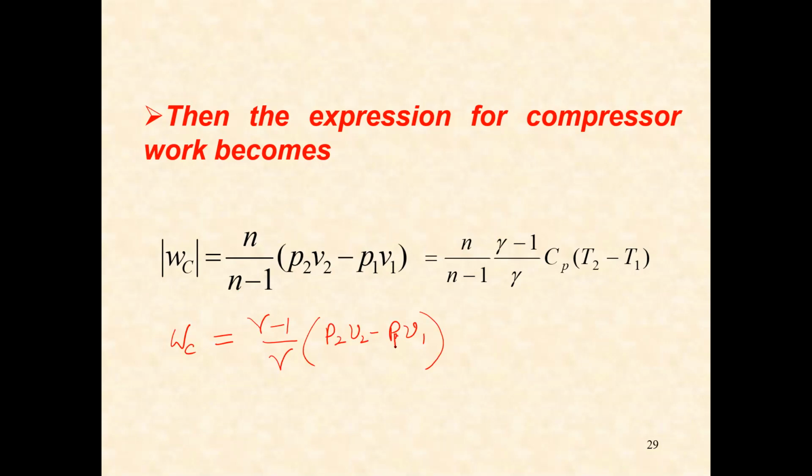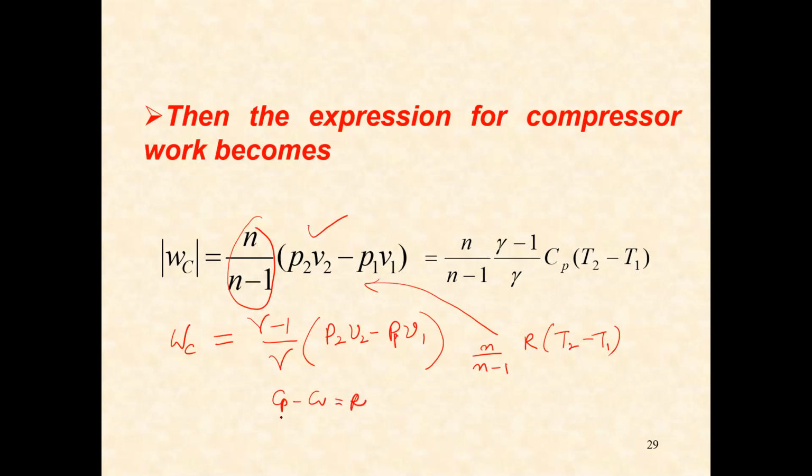Now, in this particular case, it will become n over n minus 1 into P2 V2 minus P1 V1. And then we have written this equation as n over n minus 1 into R into T2 minus T1.